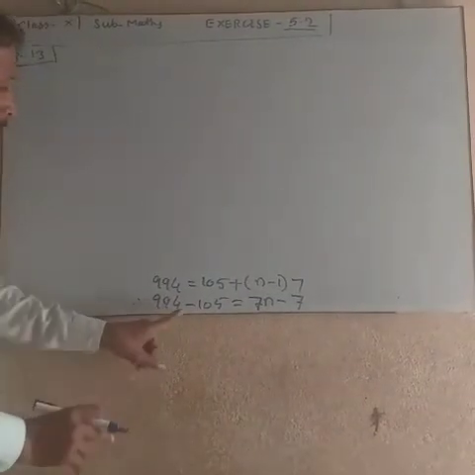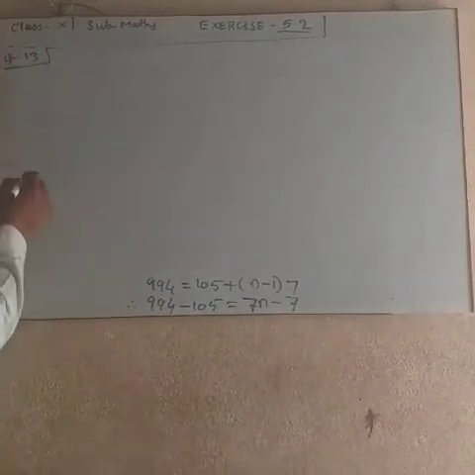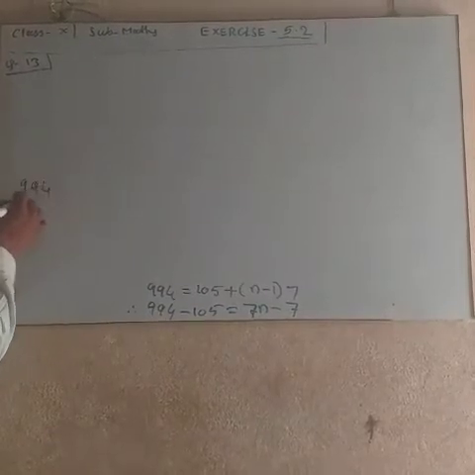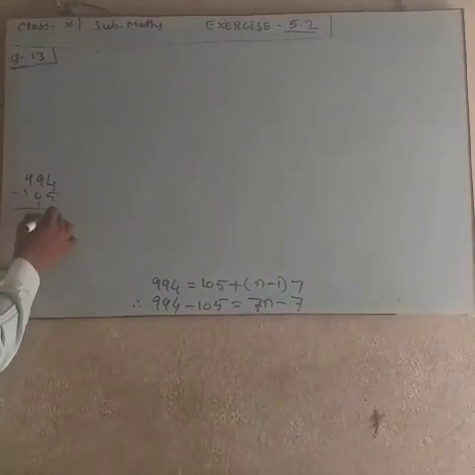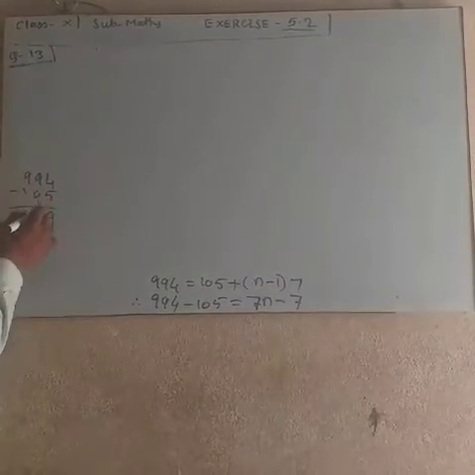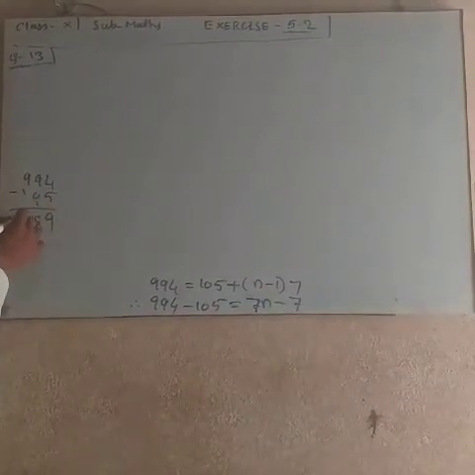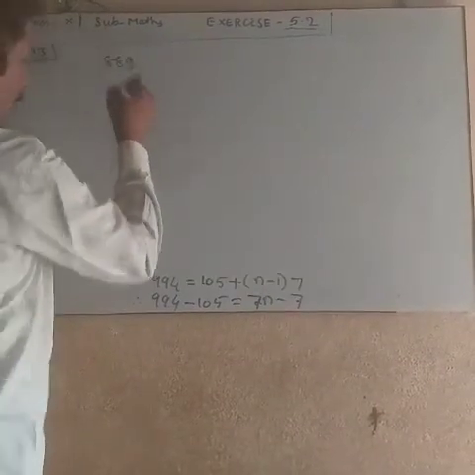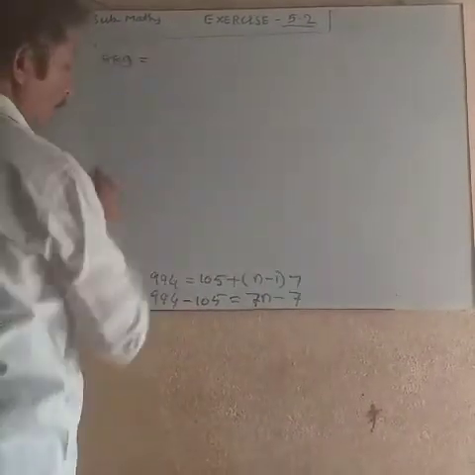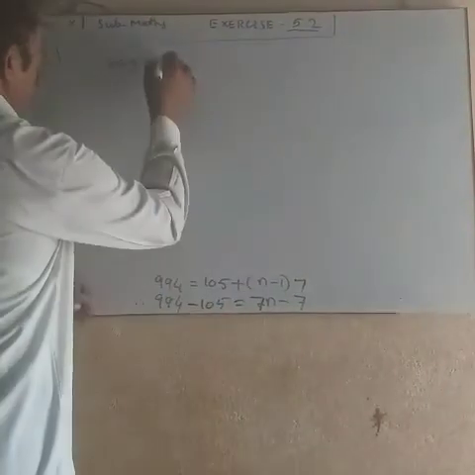Now subtracting 105 from 994: 14 minus 5 is 9, 9 minus 1 is 8, 889. 889 is equal to 7n minus 7.